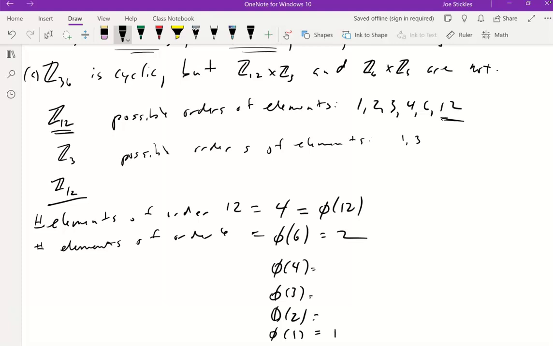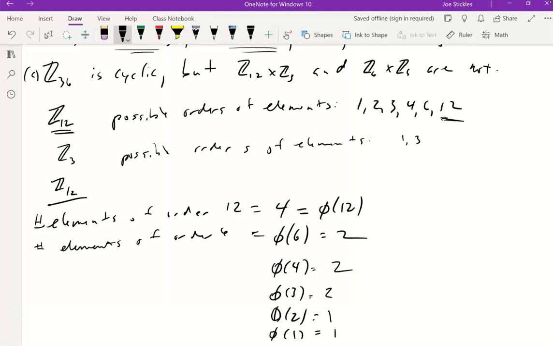Elements of order 4. It'll be 2, right? 1 and 3 work. Elements of order 3: 2. Elements of order 2: 1. Good.